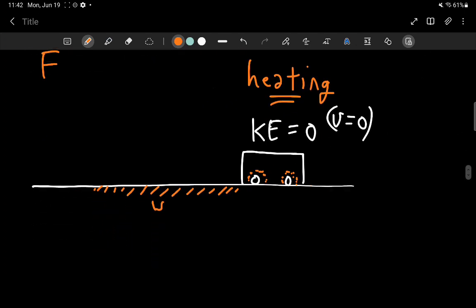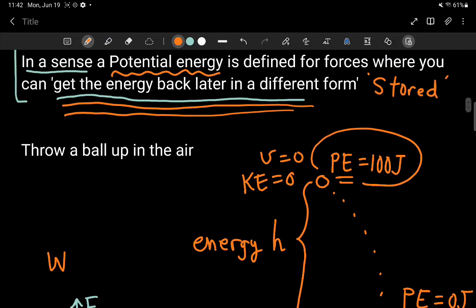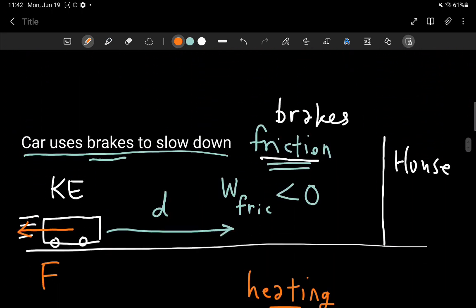So the car slows down. What's interesting is the road's definitely warmer. So let me finish writing this word. So there's warmth in the road, and there's warmth in the brake rotors, and the brake pads and stuff like that. And we no longer have the kinetic energy, but there's no sense in which that energy is stored in such a way that we can get the energy back later, right?